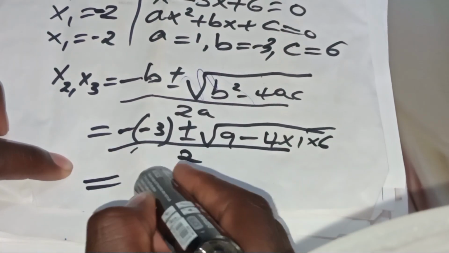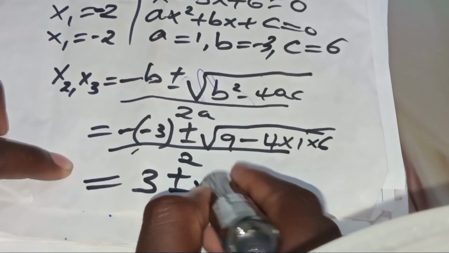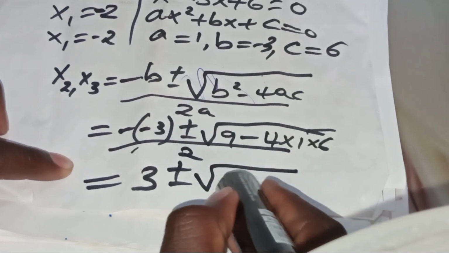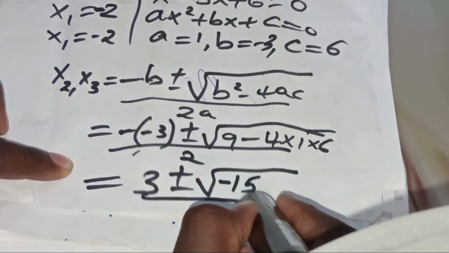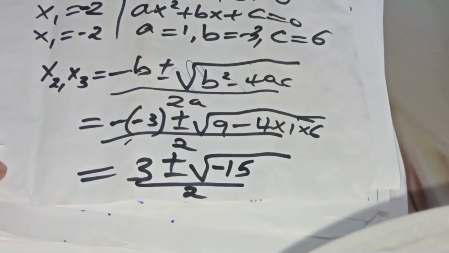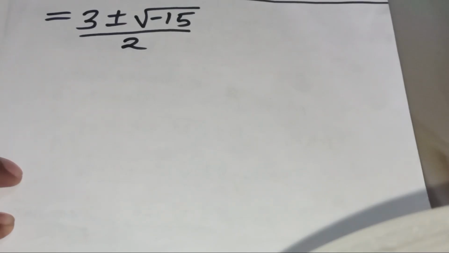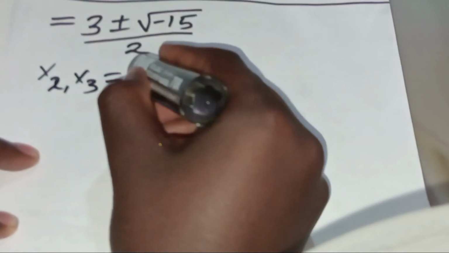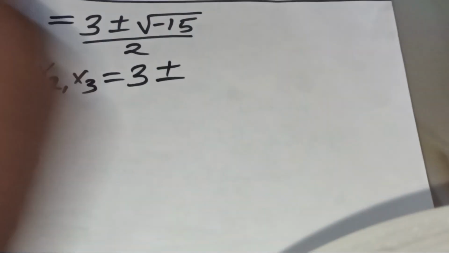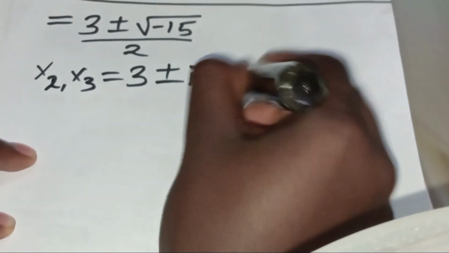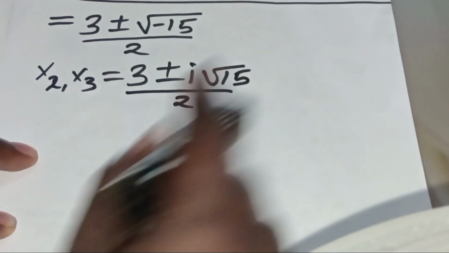So this is the same thing as 3 plus or minus the square root of 9 subtract 24, which is negative 15, divided by 2. In this case, x2, x3 is equal to 3 plus or minus the square root of negative 1, this is definitely i, square root of 15 divided by 2.